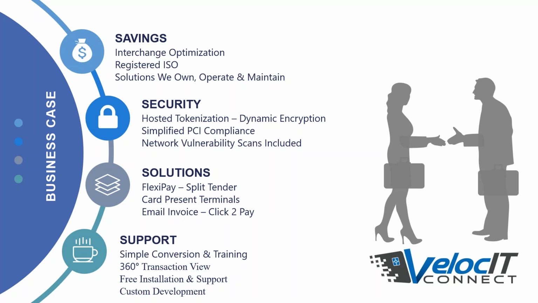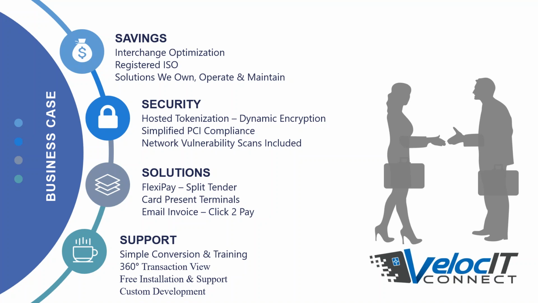Moving on to the security aspect, which is probably a very close 1A, 1B, depending on if we're talking to the accounting department or the IT department. Security may actually be number 1 in some eyes. In the Sage screen that pops up, we're dynamically encrypting the card number on the fly to that DLL that's installed.